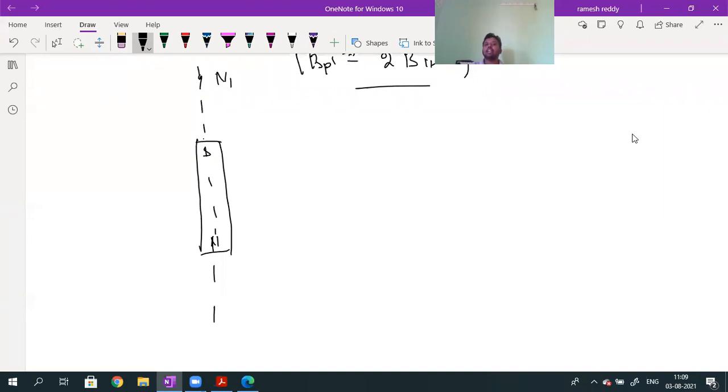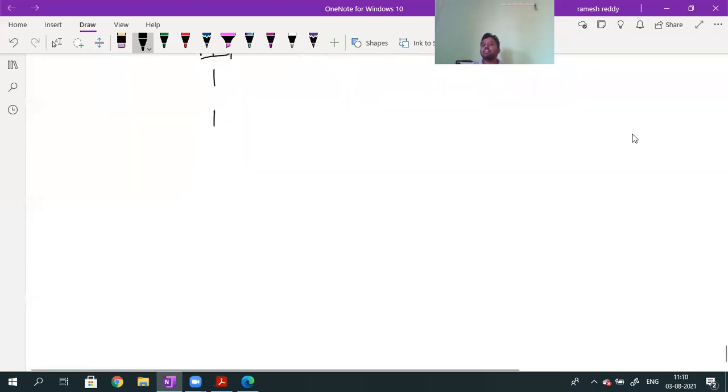The distance of the point N1 from the center of the bar magnet, let me call this distance D. At N1, at a neutral point, at a null point.